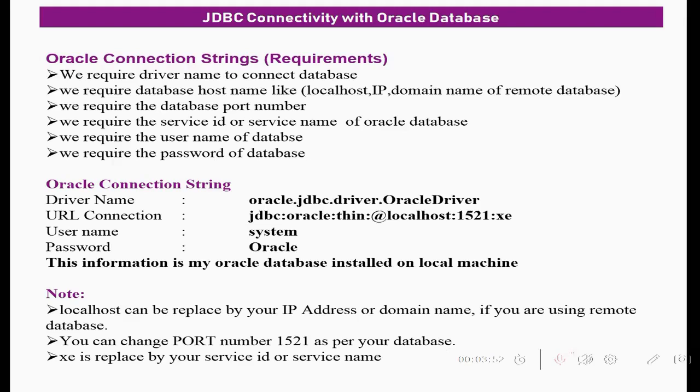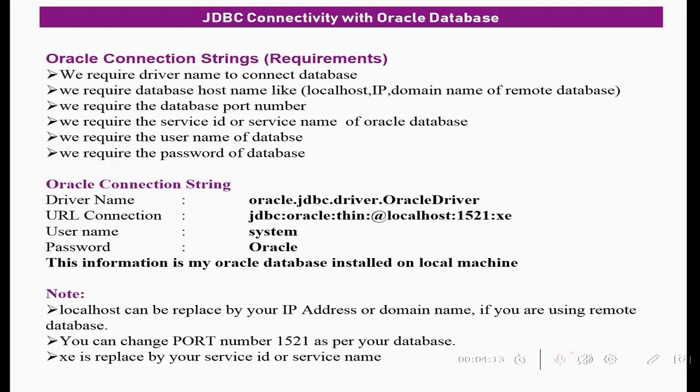Localhost is the domain name or host name. Here we can replace localhost by an IP address or any domain name. Thin is a driver. Oracle is a database. JDBC is an API.